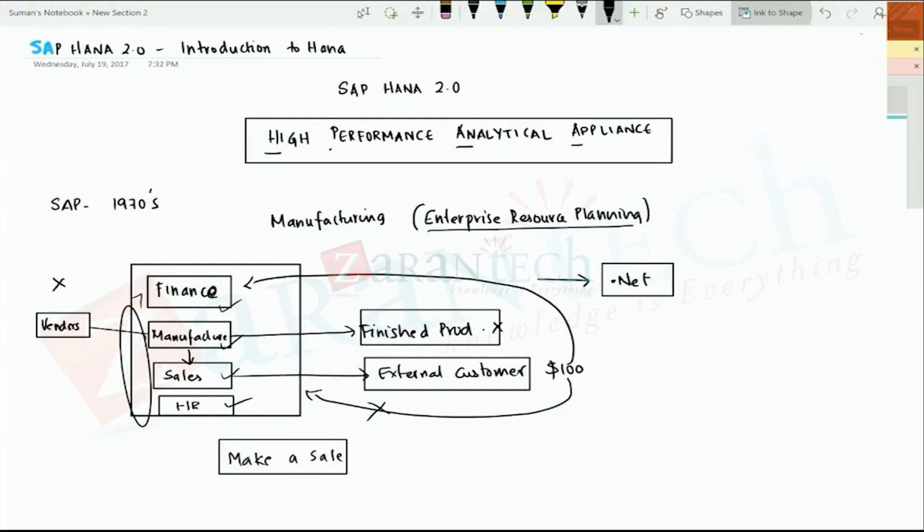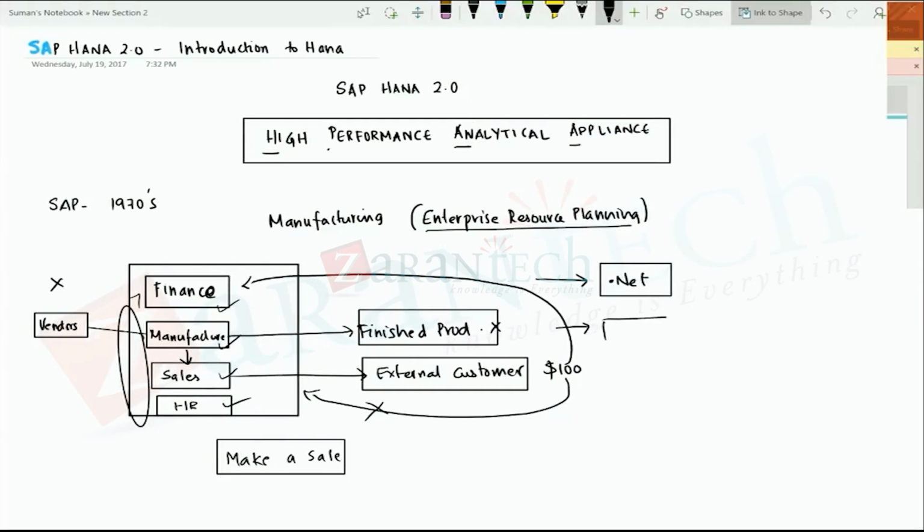I could be running another system, XYZ, to control everything happening in the manufacturing department. For sales, I could be using some other tool like PowerBuilder, and for human resources, a tool like PeopleSoft, etc. I'm just giving you an idea of what is happening.